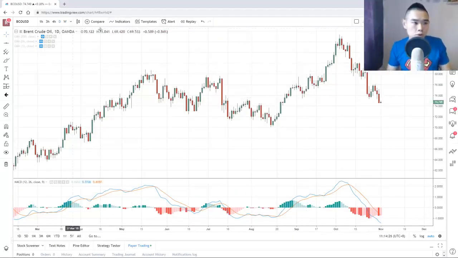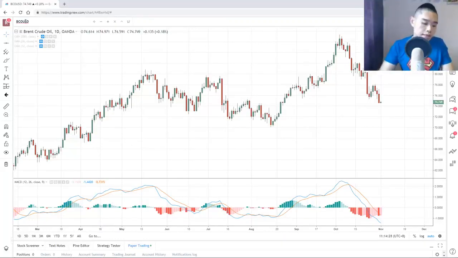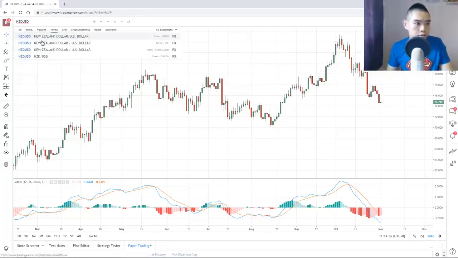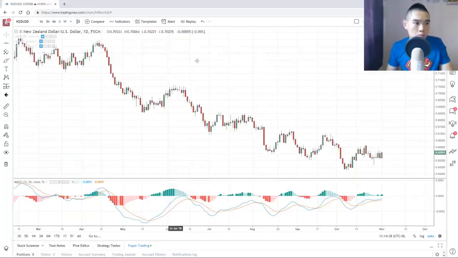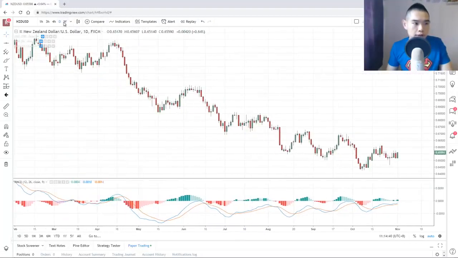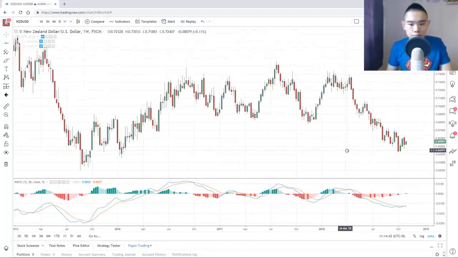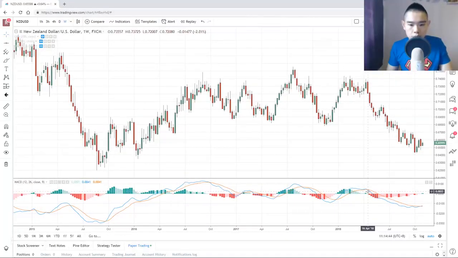If you go look at another example, let's see what else. How about, let's try New Zealand dollar. Just one more example to hit home my point. Let's say the weekly time frame again. You can see that over here, the blue line, which is the MACD line, crosses below the signal line.